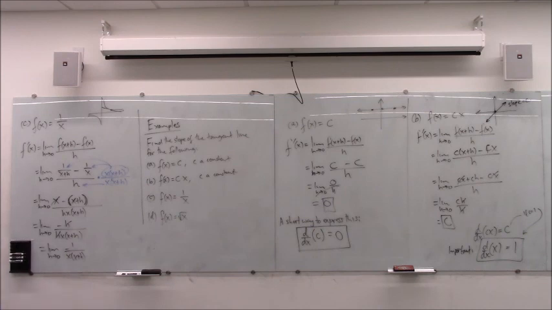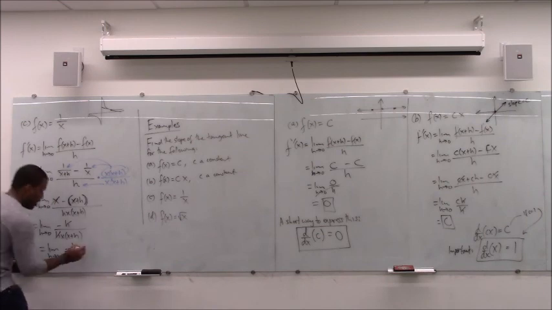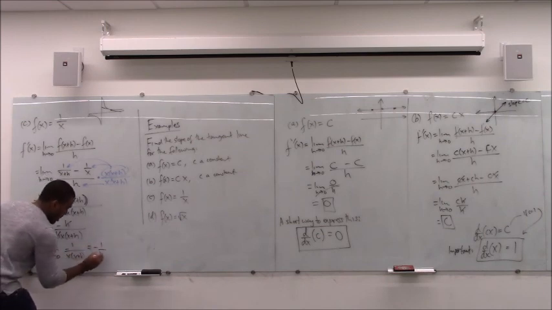And now I can plug in h equals 0, because the denominator is not going to be 0, except if x is 0, but of course x is not 0, because we wouldn't have a function in the first place. So I can plug in h equals 0 here, and we have minus 1 over x squared.